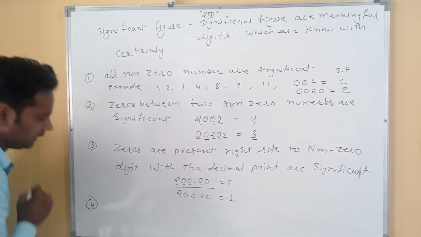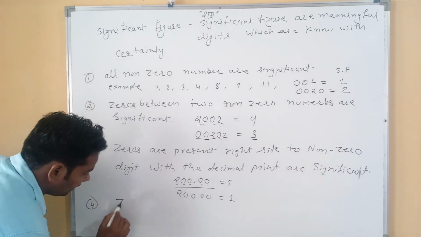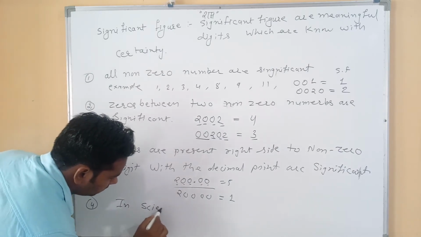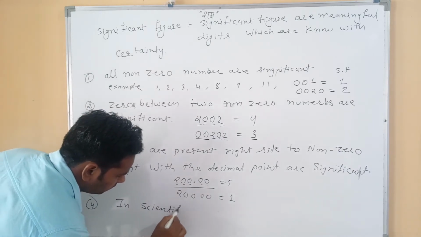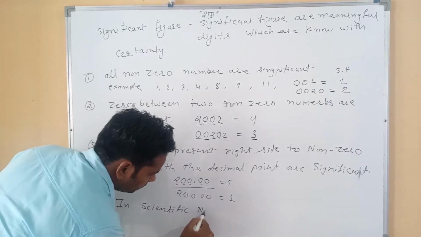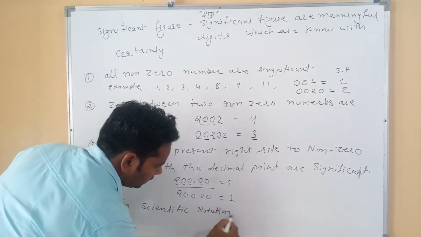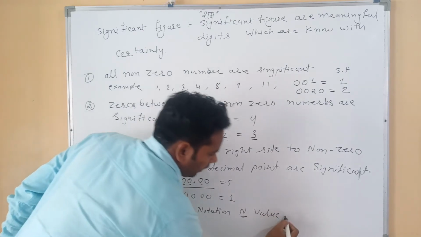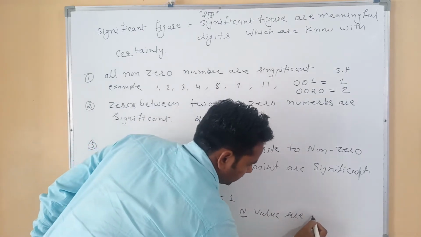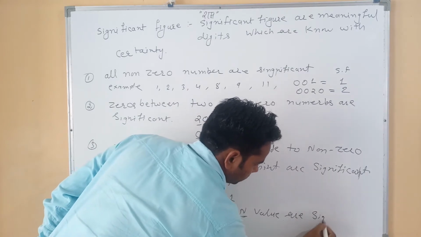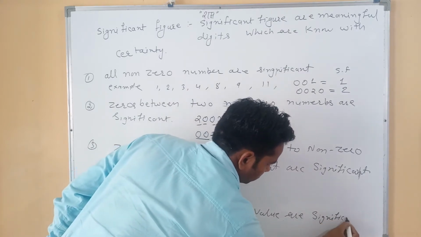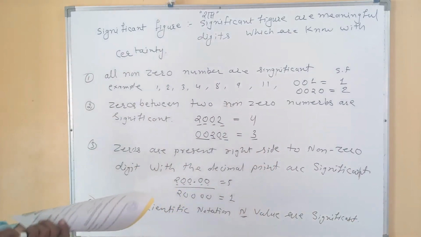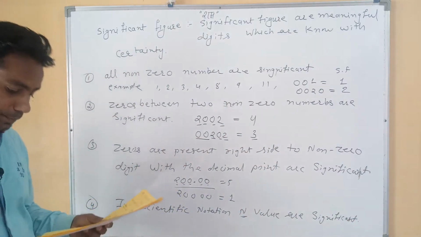Then fourth rule is, in scientific notation, N values are significant. Okay, N values are significant.